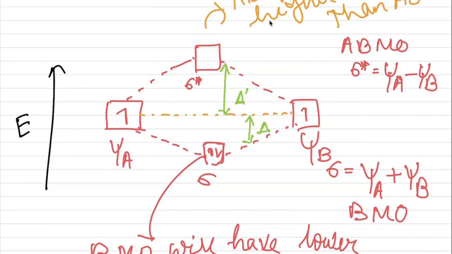If we do the bonding we have a profit of 5. If we do the anti-bonding then we have a loss of 6. So the energy difference between the atomic orbital and the anti-bonding orbital is higher than that of bonding. Understood?